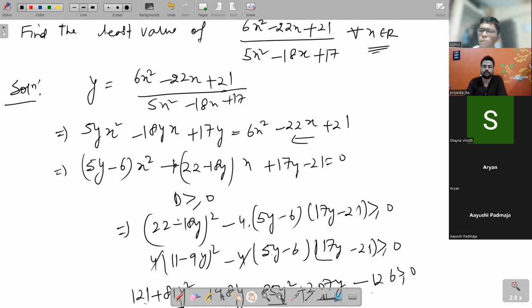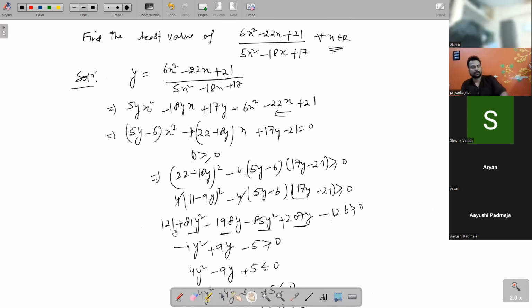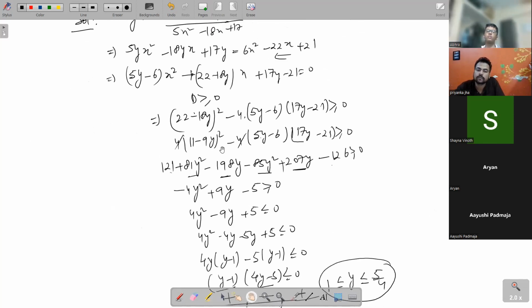Understood? Sir, I have a doubt. When we are cancelling out the 4 in that step, how are we doing it? Just take 4 out. This is a positive numerical value.